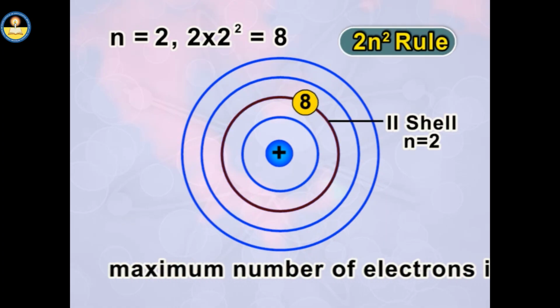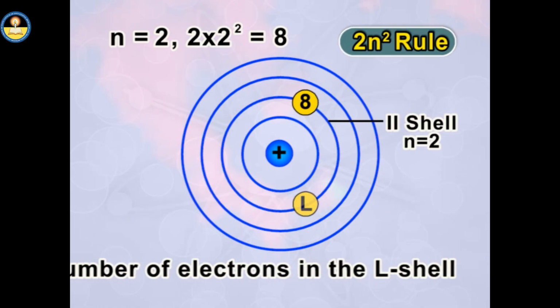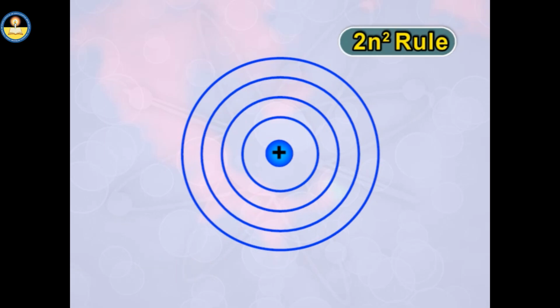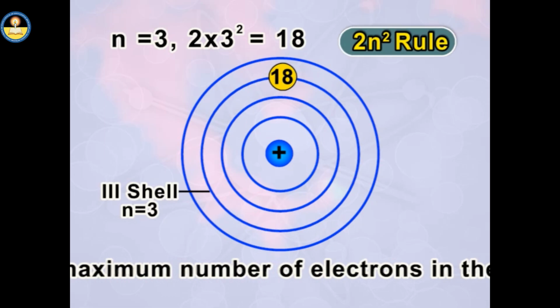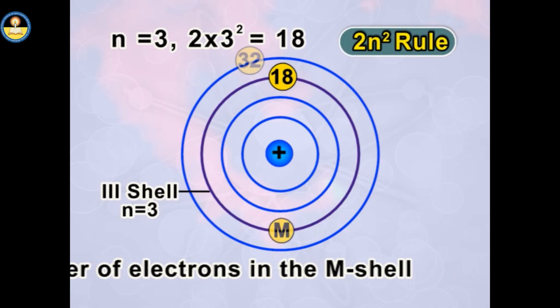This is the maximum number of electrons in the L shell. By putting the value of n as 3, we get 2 into 3 square is equal to 18. This is the maximum number of electrons in the M shell.